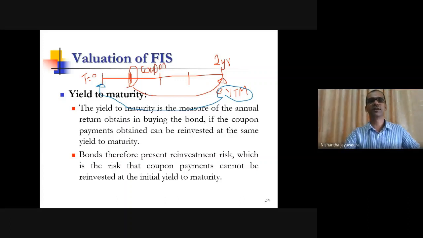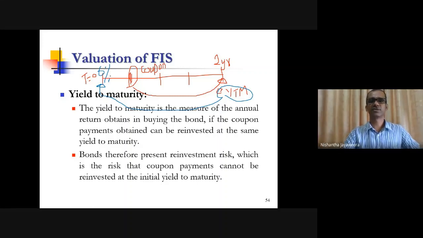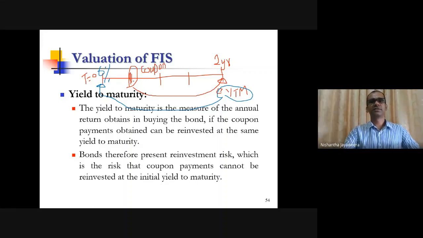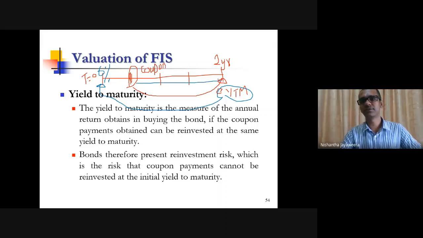Say you buy a bond at 6% yield to maturity today. After 6 months, you get a coupon. You should be able to invest that coupon amount at 6% for how many years? 1.5 years.